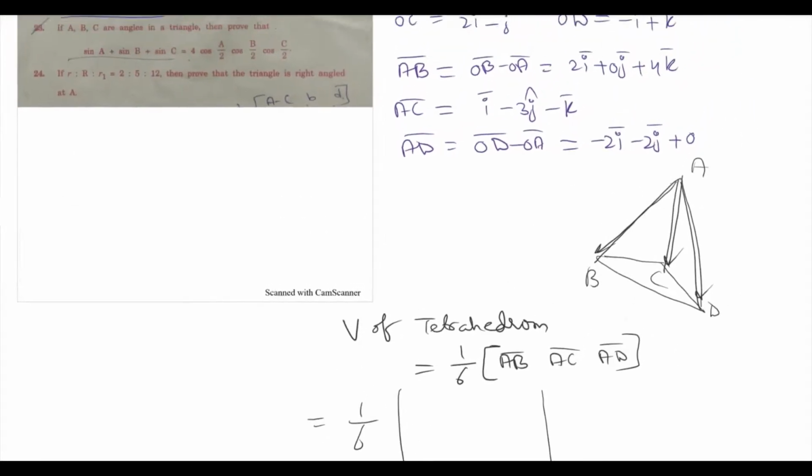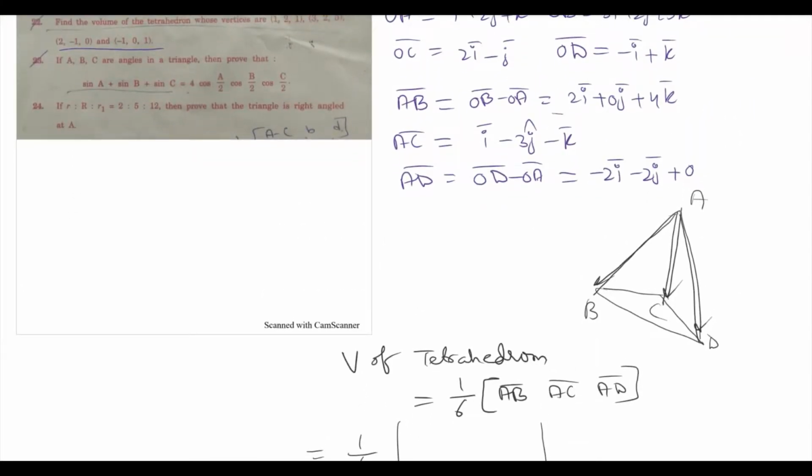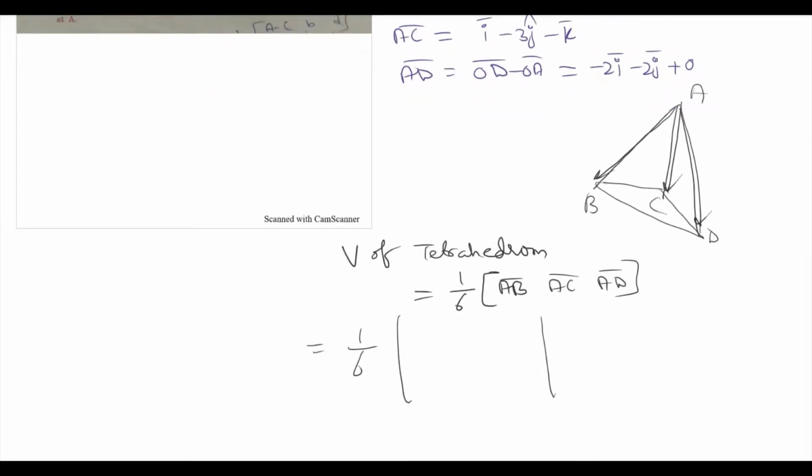The three vectors are now AB bar equals 2 0 4, and this is 1 minus 3 minus 1 and minus 2 minus 2 0.